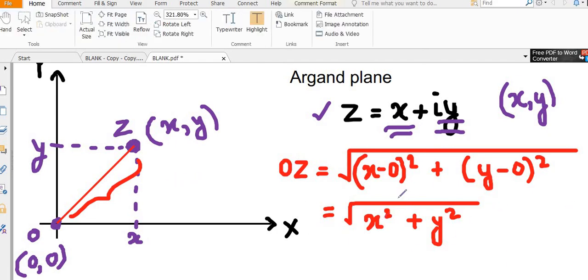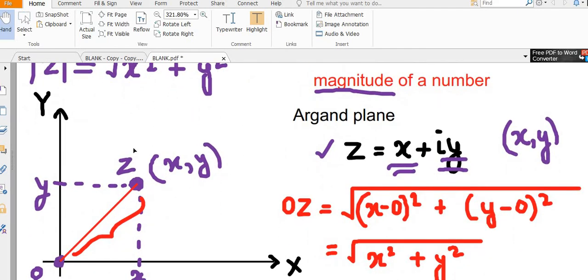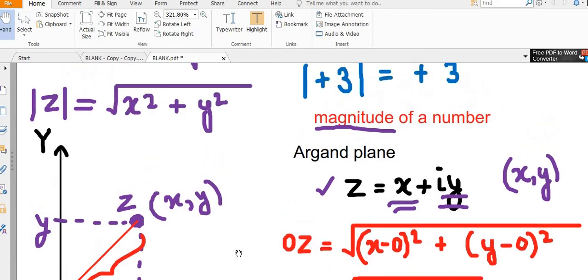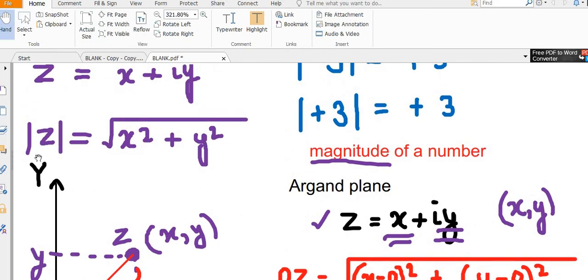Now, isn't this expression similar to the expression that we had considered over here? Modulus of z is equal to square root of x squared plus y squared. So here, essentially the modulus refers to how far the complex number is from the origin of the Argand plane. That is essentially the connection between the representation of any complex number on the two-dimensional Argand plane and what we actually mean by the modulus of a complex number.